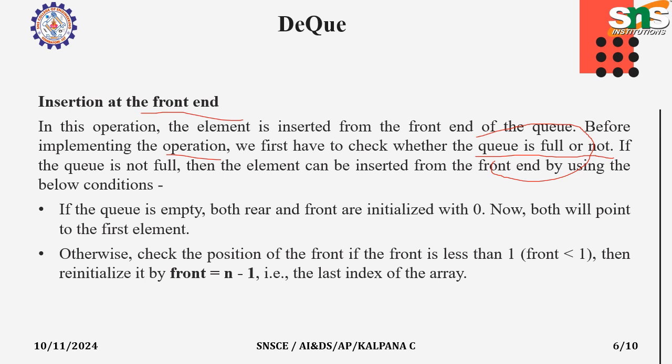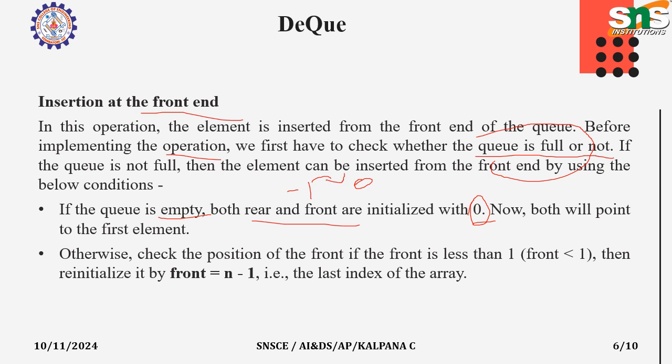And here if the queue is empty, my rear and front pointer will be -1. So I am going to insert a new element into the queue, so I have to make this -1 to 0. So front and rear pointer, I have to make this as 0 when I am going to insert new element in an empty queue.